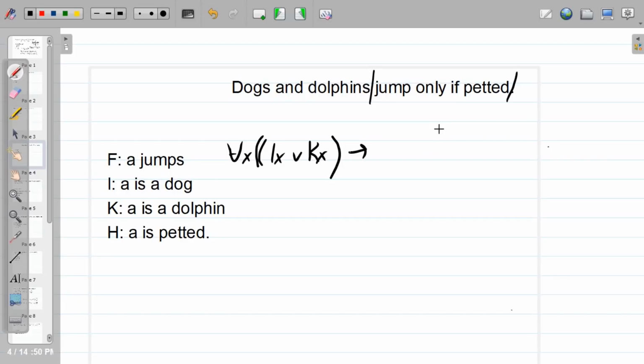So the consequent is itself going to be a conditional. It's got an only if in it. And we're just going to remember our good old-fashioned sentential logic symbolization skills and recall that whatever comes after only if is the consequent, which makes this the antecedent. So if something is a dog or it's a dolphin, then if it jumps, then it was petted.